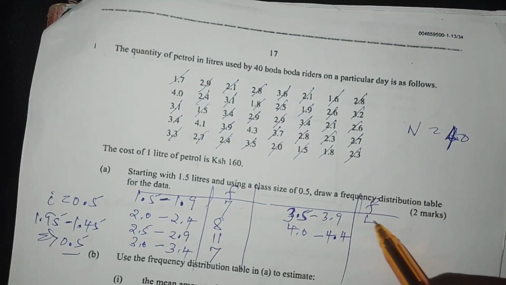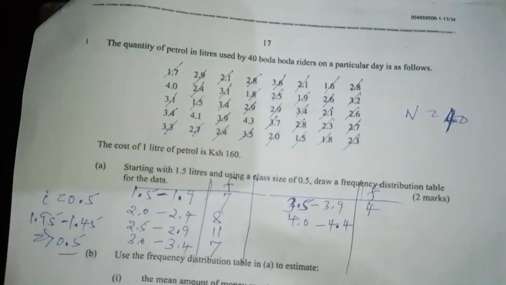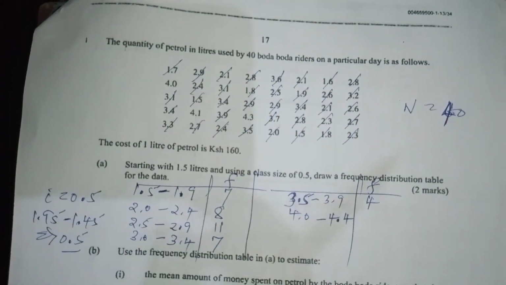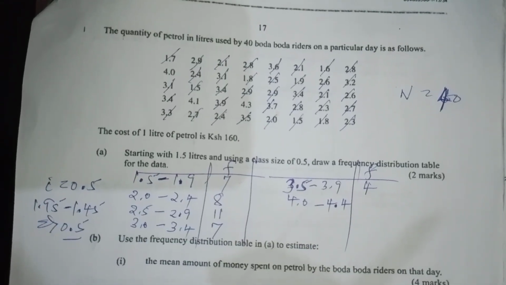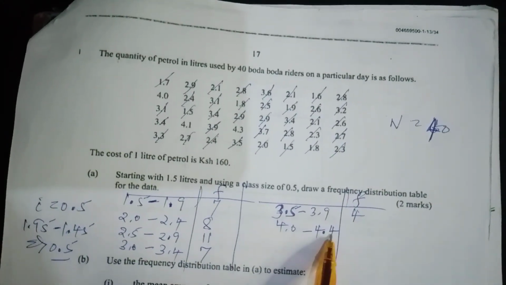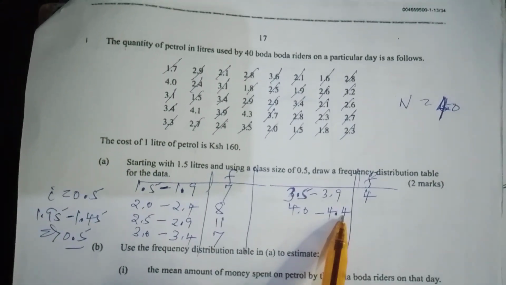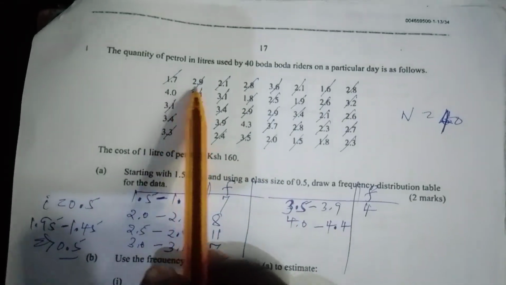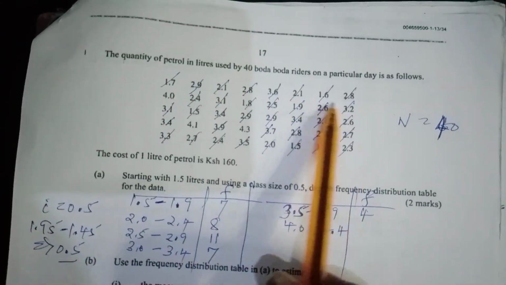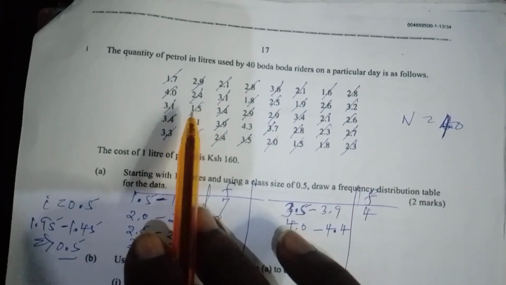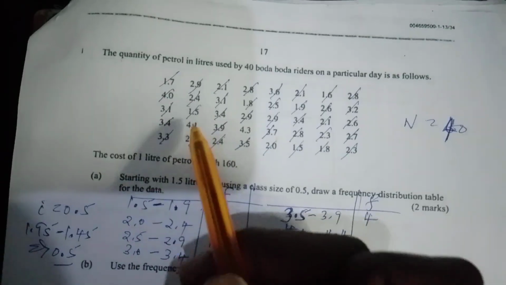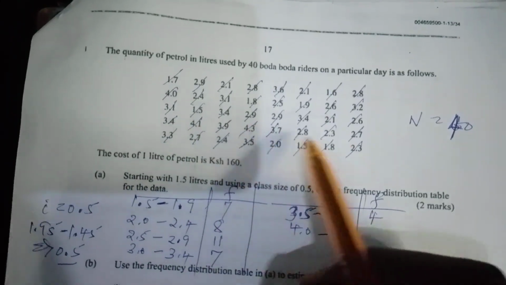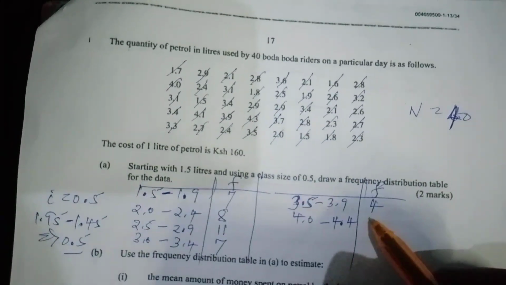Then between 4 and 4.4, we have 1, 2, 3. We have 3.